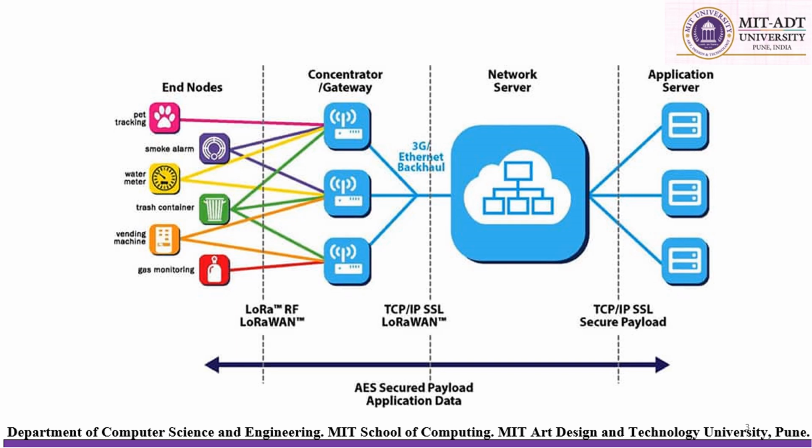LoRaWAN networks use an Aloha based protocol. End devices don't need to peer with specific gateways. Messages sent from end devices travel through all gateways within range and are received by the network server.